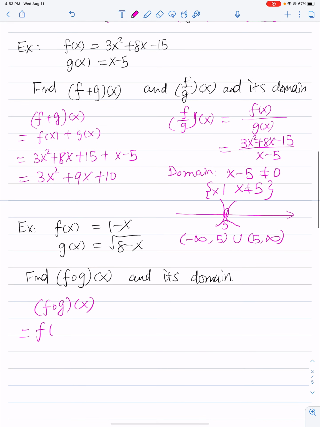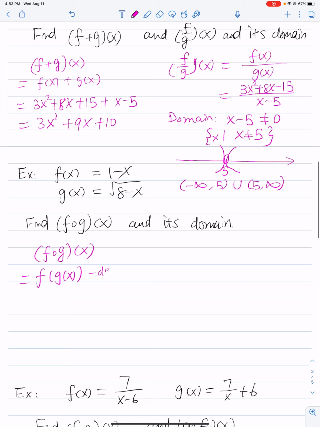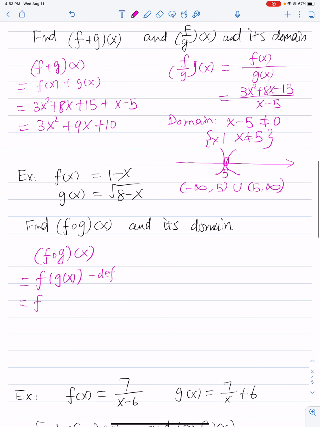This is from the definition. Then what will be the next step? What is g of x? It's here, so you substitute g(x), which is the square root of 8 minus x, yeah?